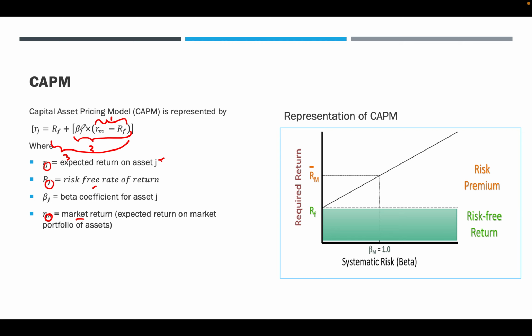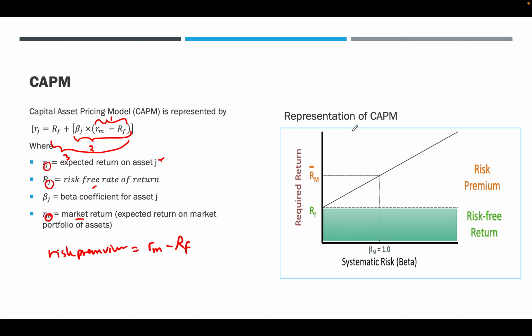You cannot multiply beta J with RM and then subtract the risk-free rate. You need to get the risk premium first, which is RM minus RF.